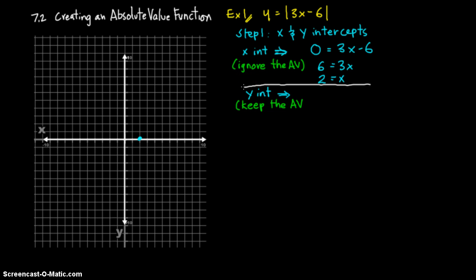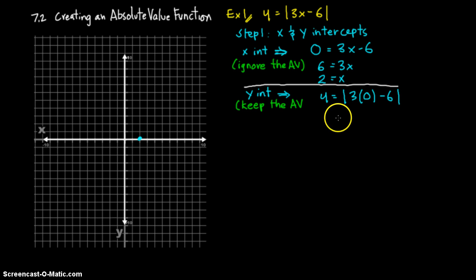So we're going to go y equals absolute value of 3 times, hold on, it's not 2, because I'm not looking for the x-intercept. I'm looking for the y-intercept. Where does the y-intercept happen? At x equals what? X has to be 0, so therefore it's 3 times what? 0. Minus 6 absolute value.